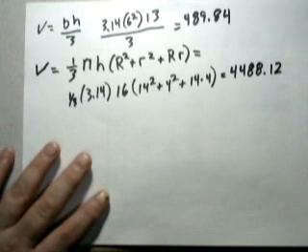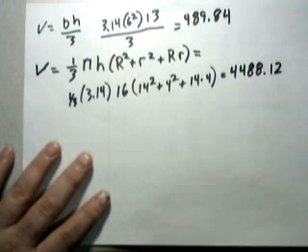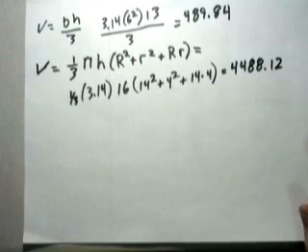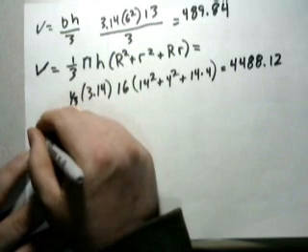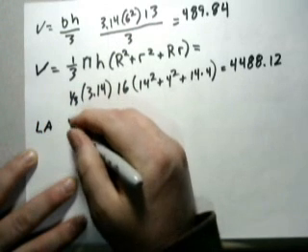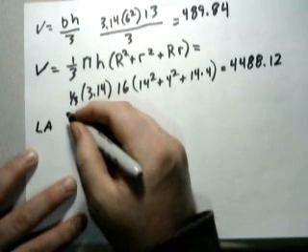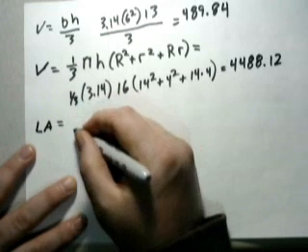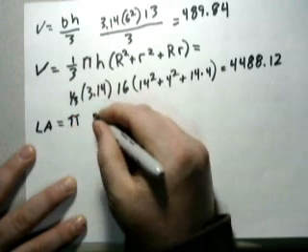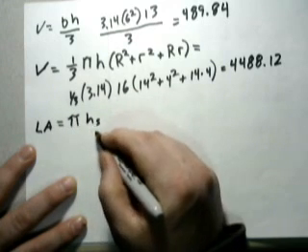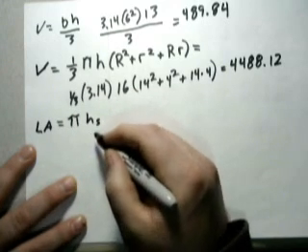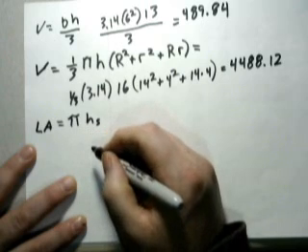Now the surface area is a little bit more involved because we need to find the lateral area. And so remember, the lateral area is equal to pi times the height slant. Now remember, this is not 16. This is not the height. We need to use the Pythagorean theorem to find that.